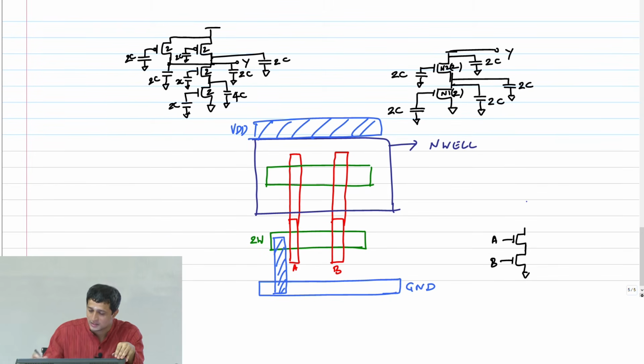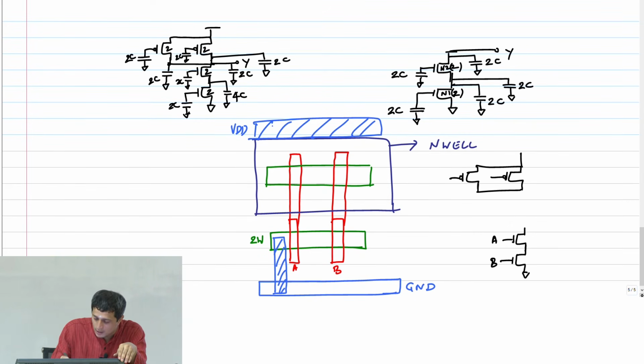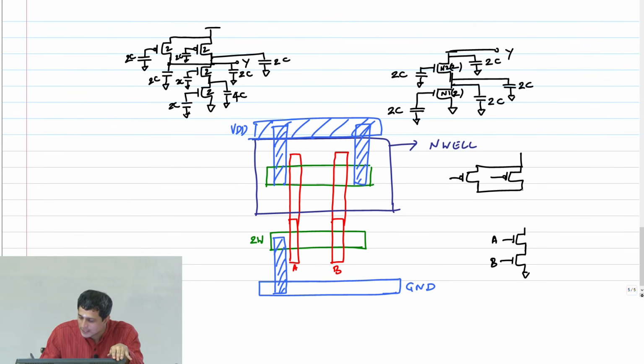So now what am I going to do? I am going to construct this parallel PMOS stack, right, and take it up to VDD. So I am going to simply connect this guy to VDD, this guy to VDD. This intermediate node that is there is going to become my output node Y. This diffusion is actually this particular diffusion here, right.